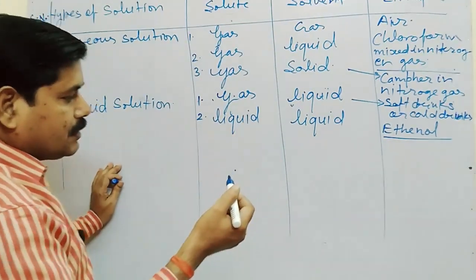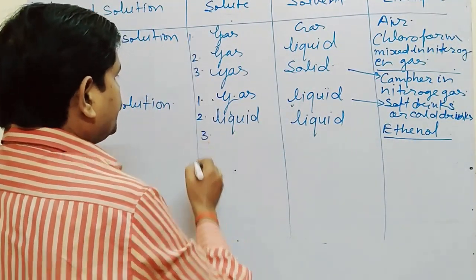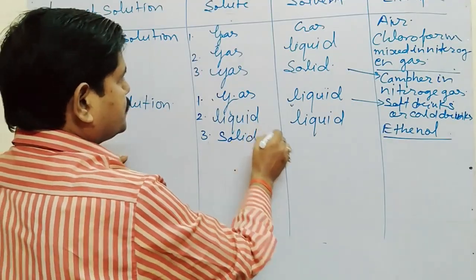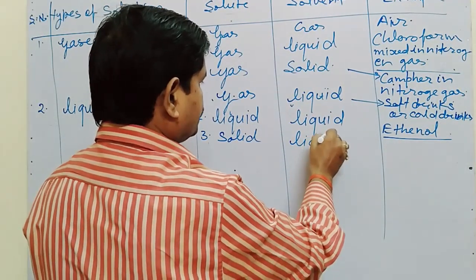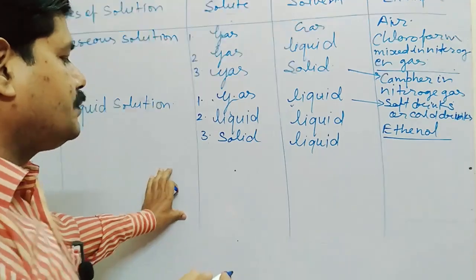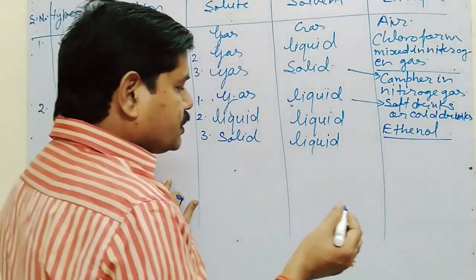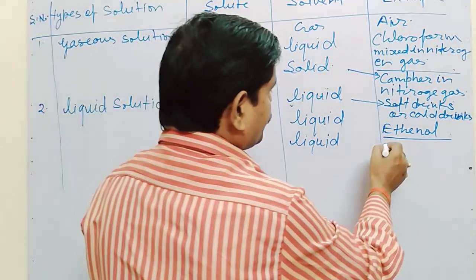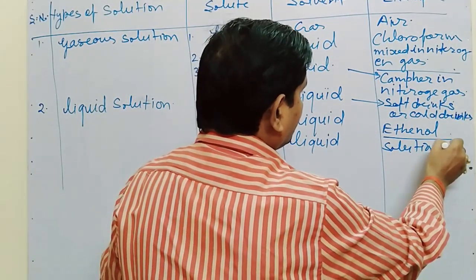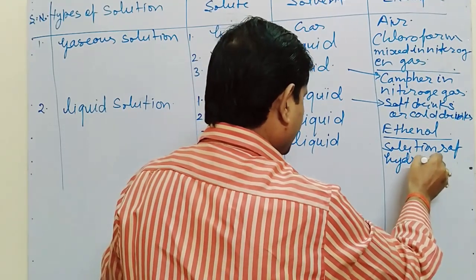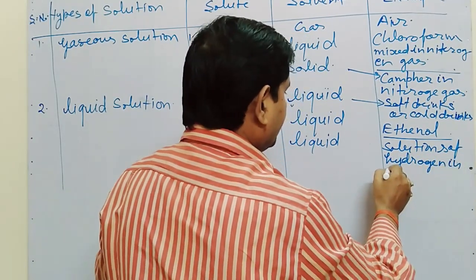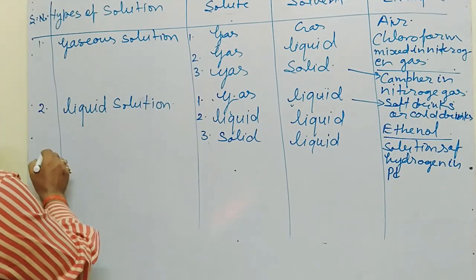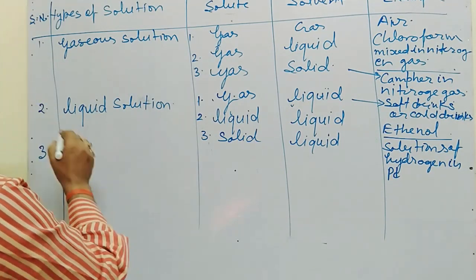The third type is solid in liquid, for example a solution of hydrogen in palladium.